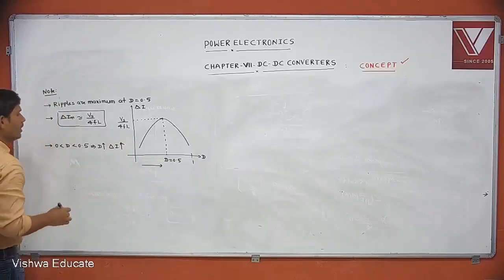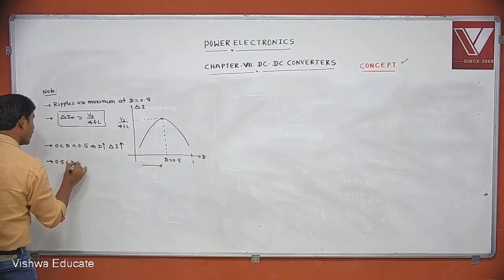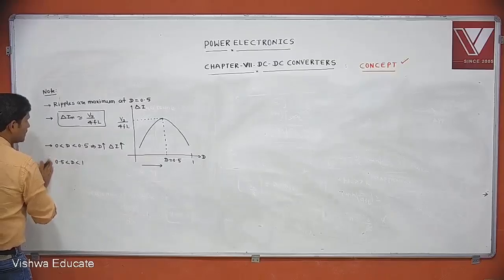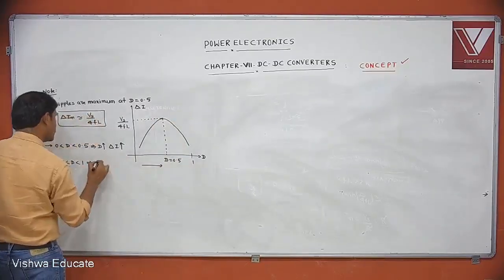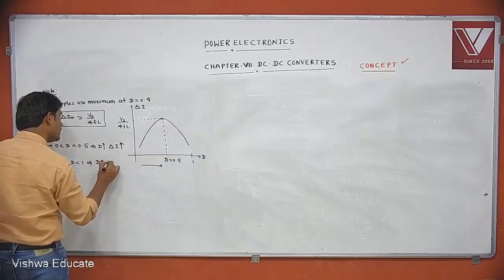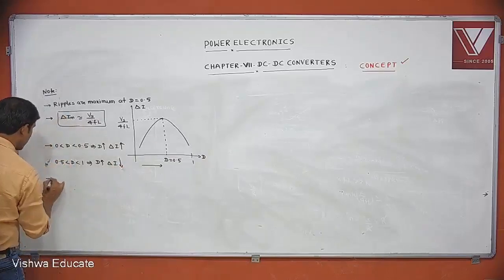Important observation. Now for 0.5 less than D less than 1, if the duty cycle increases, ripples are reduced. Peak to peak ripple currents are reduced. That is one more observation.